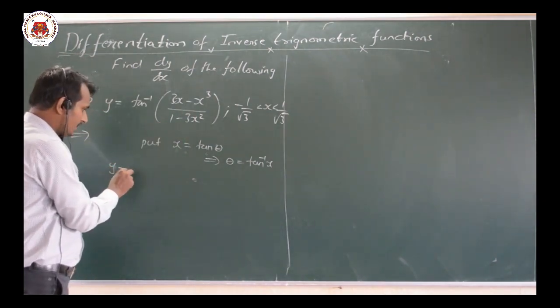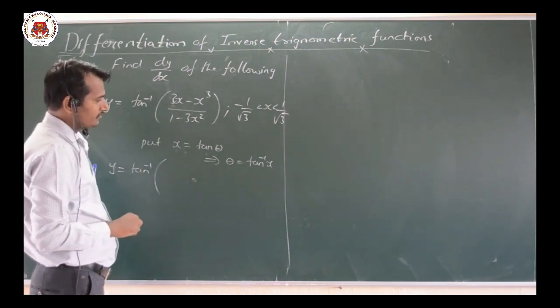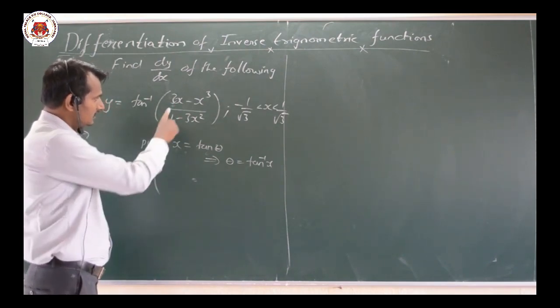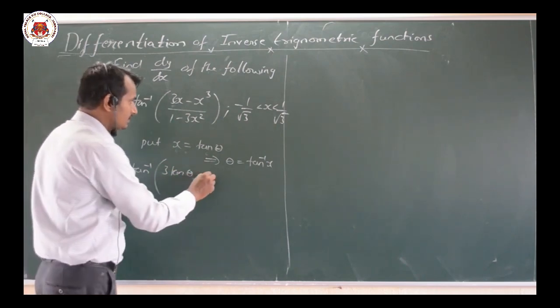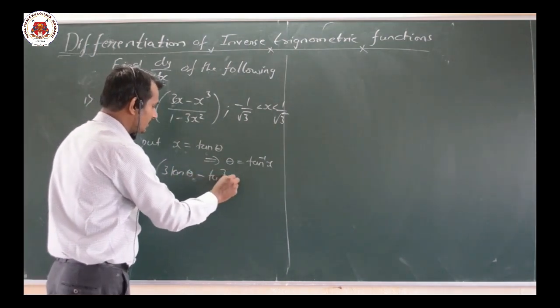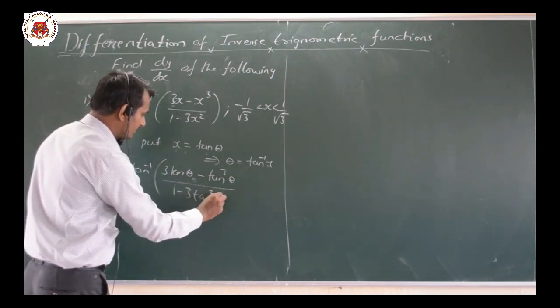So what we get, y is equal to tan inverse of 3 tan theta minus tan cube theta, whole divided by 1 minus 3 tan square theta.